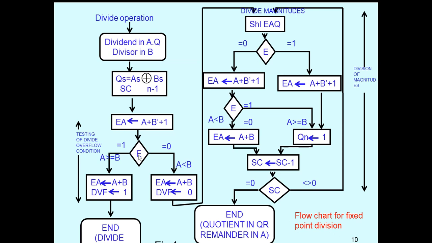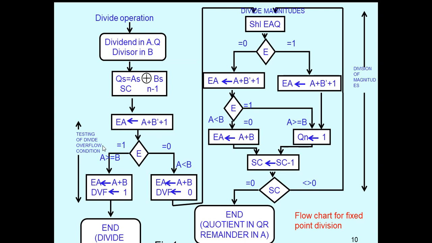If E equal to 0, then there is no division overflow, and we can go forward. And if there is any division overflow, we just store the bits again into the B register, the divisor, and then we stop the division of the two numbers.